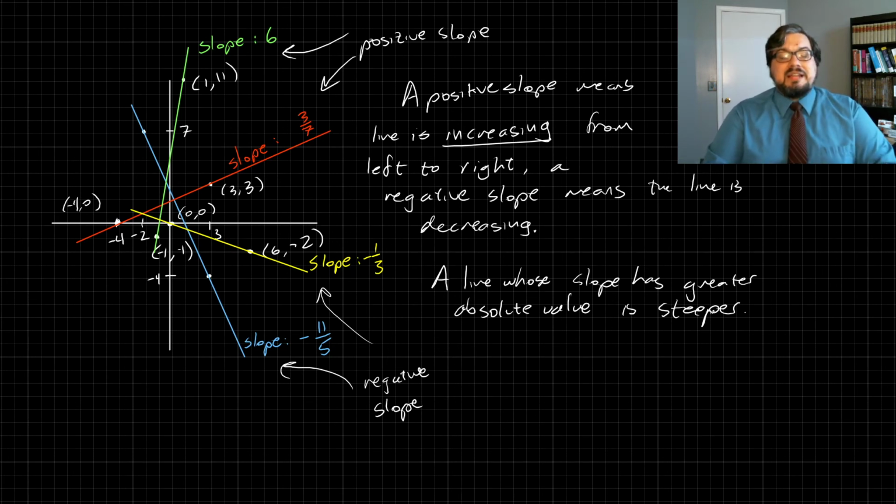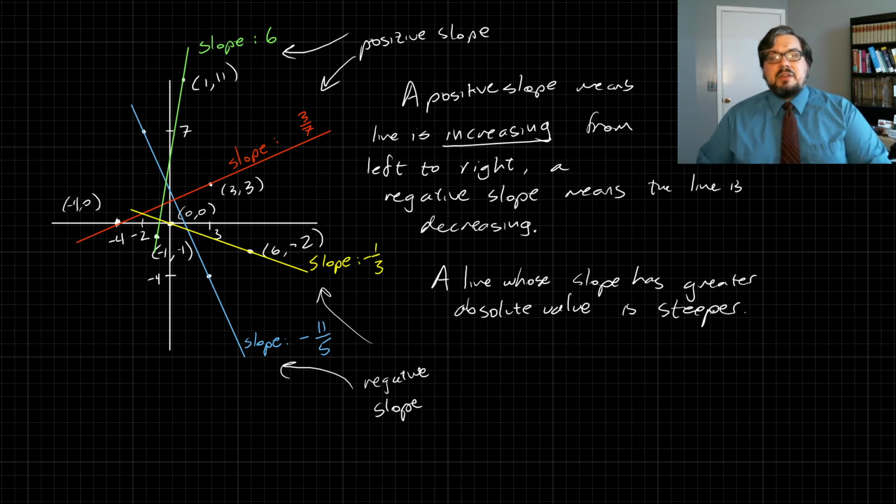And similarly, the green line is steeper than the red one because its slope has a greater absolute value. So combining the absolute value of a number with whether or not it's positive or negative, we get information both about the steepness of a line and about its direction, whether it's increasing or decreasing. So this is how we calculate slope. Let's talk about how we interpret this in some real-world types of scenarios.